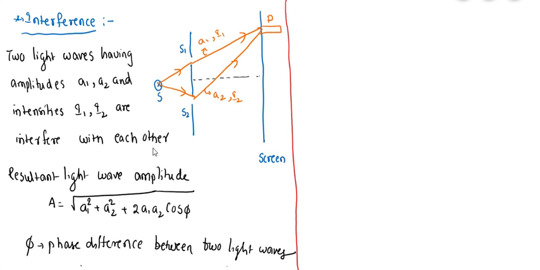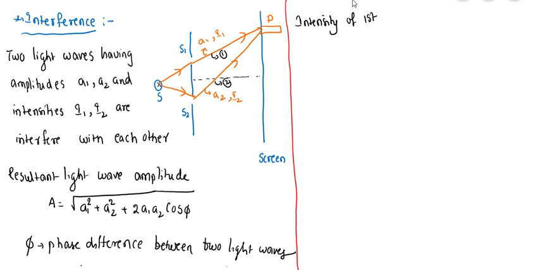Now, for example, this is the first light wave and this is the second light wave. From S1 the light is emitting, that is the first light, and from S2 the light is emitting, that is the second light.